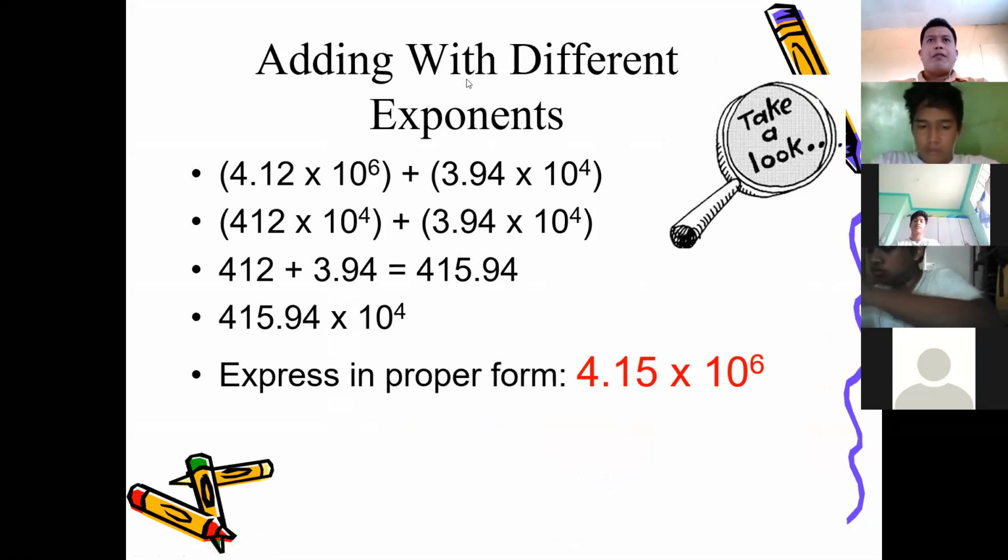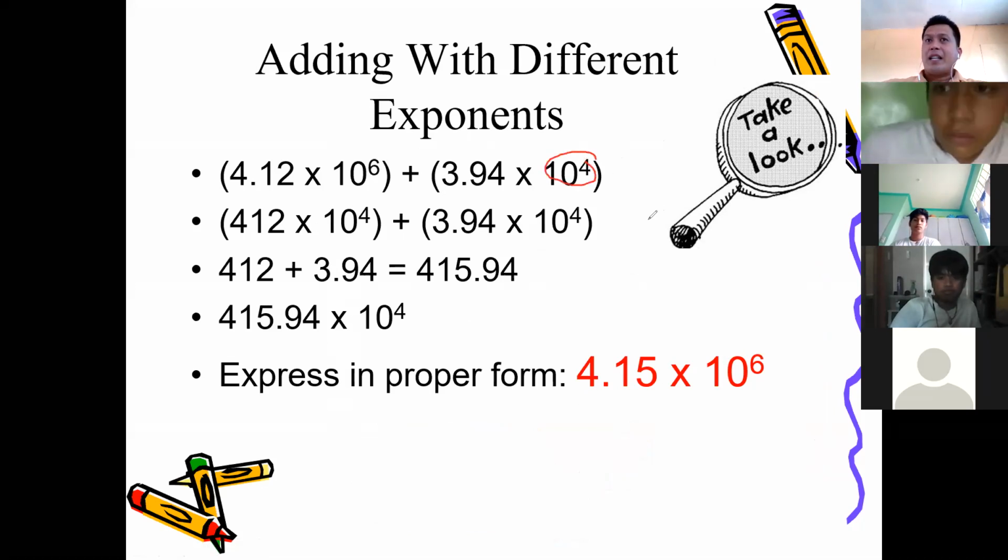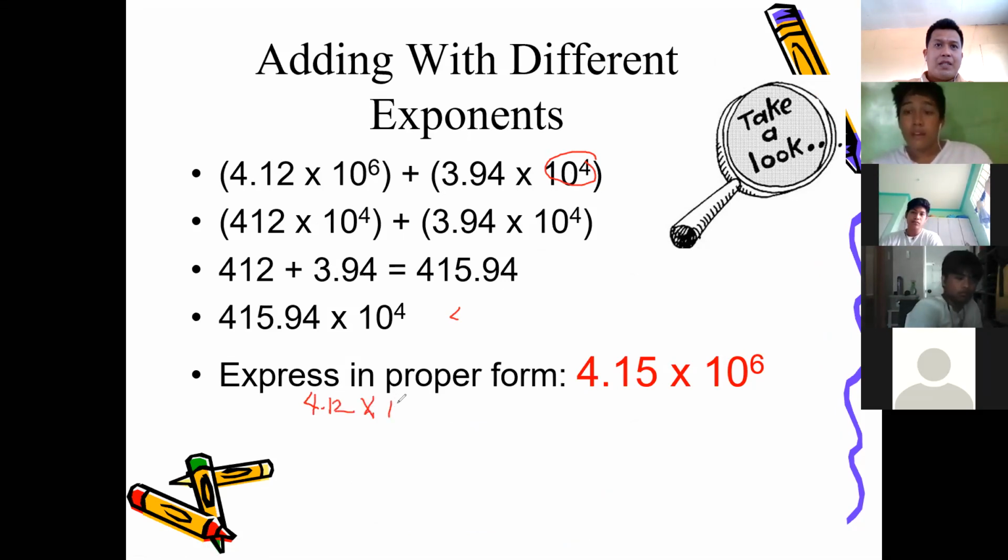Okay. So what if we solve this the other way around? Instead of writing the exponent of 10 here to become 4, why not make this equal to 6? So this will become 4. Rather, I'll do it here if you can see. So we have 4.12 times 10 to the power of 6 plus.